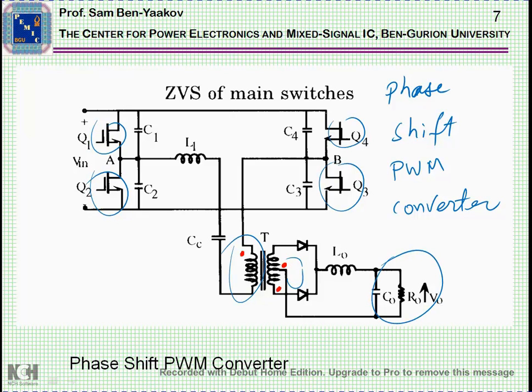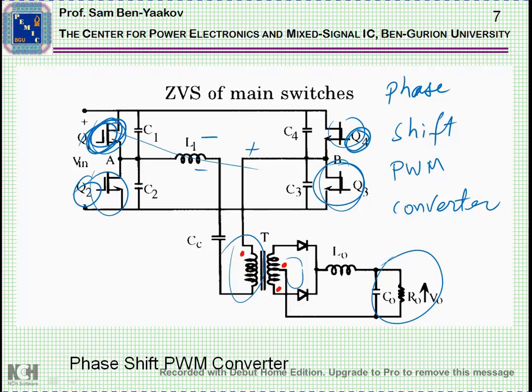In a regular bridge circuit, we would operate Q4, say, and Q2, generating this voltage. Then there'll be some sort of off time, and we will move to Q1 and Q3.